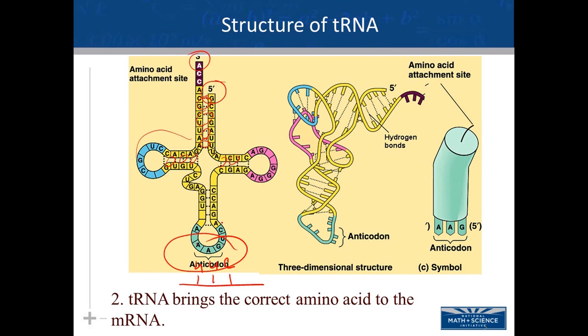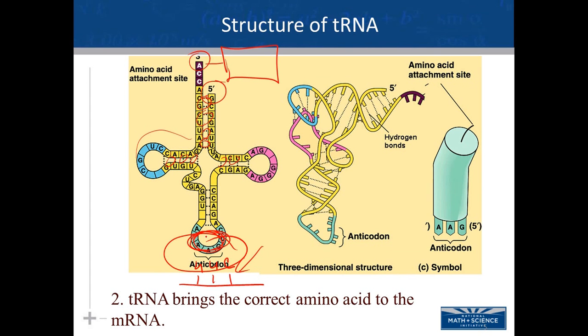And then up here at the top is a place where it will attach an amino acid and bring the correct amino acid according to the codon. So this right here is called, because it's complementary and seems to be the opposite, if you will, an anticodon to the codon.